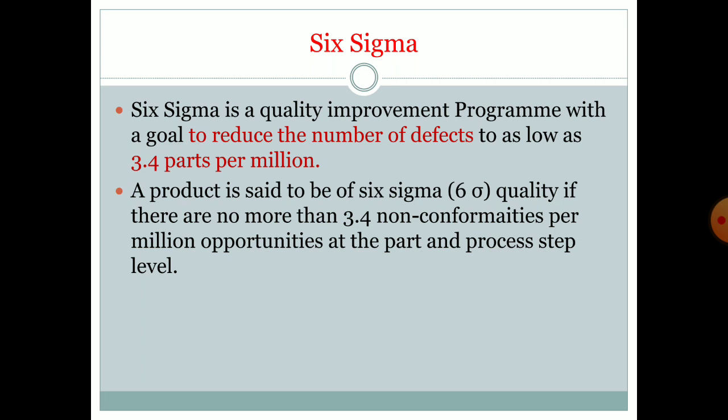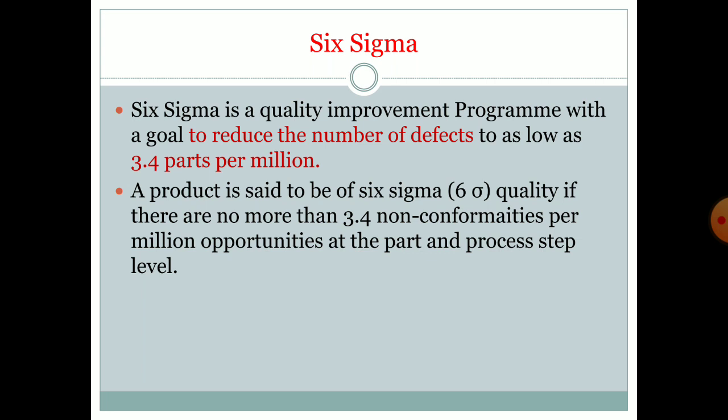If we are able to reduce our defects to 3.4 parts in 10 lakh samples, then we can say that our process is Six Sigma qualified. Remember, if we are able to produce this few defects using our process, then and only then can we say that we are Six Sigma. It is a very stringent quality specification.